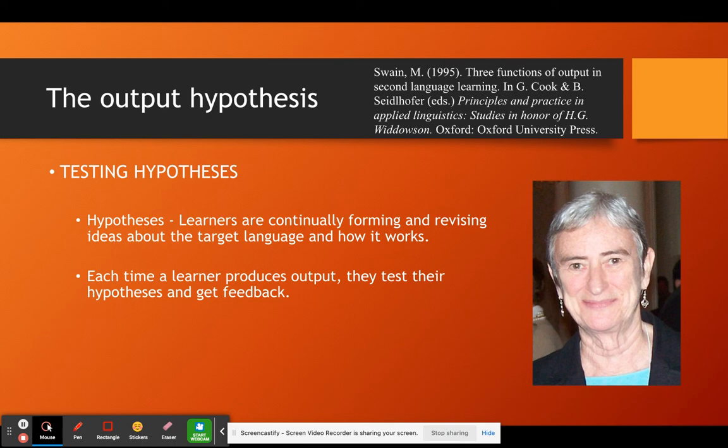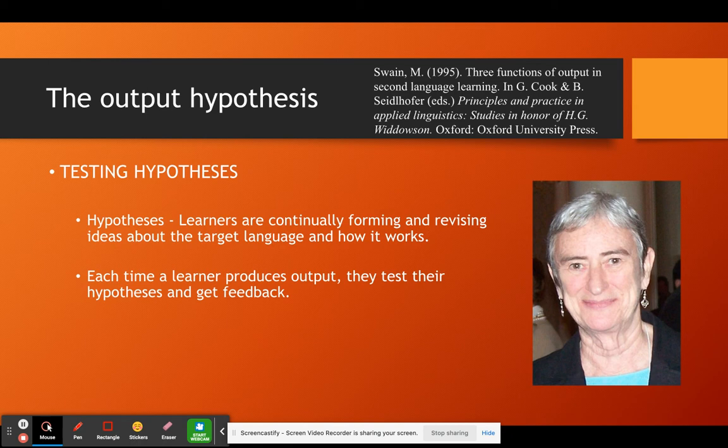The second function of output, according to Swain, is the hypothesis testing function. Like Long, Swain believes interaction gives learners important information about the language, what is correct or what works well, and what doesn't. Swain believed that learners are always forming and revising their ideas about the target language and how it works.